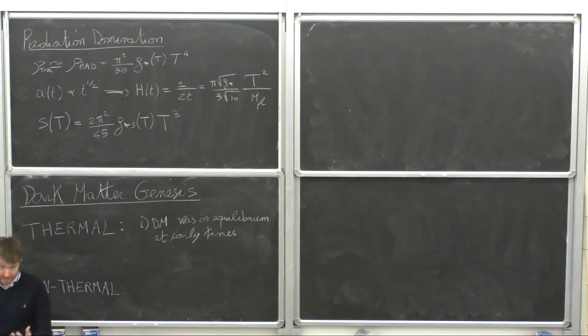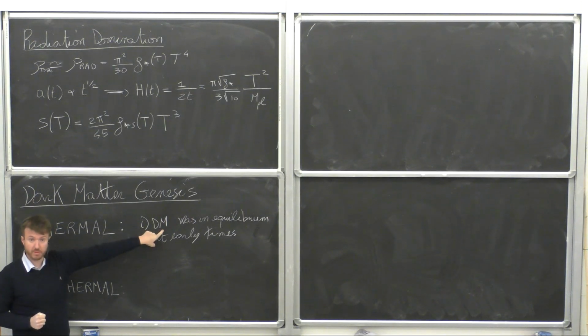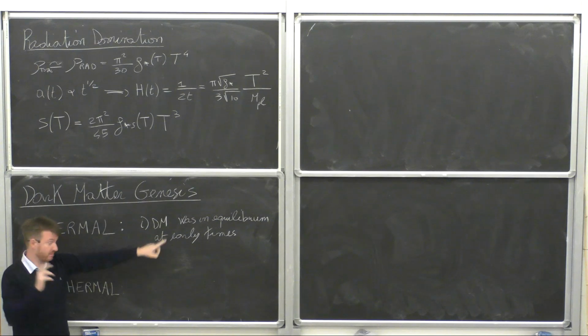So you have dark matter coupled to the standard model, to the bath. You go back enough in time, the universe was hotter and denser. Eventually, these interactions between the visible sector and the dark matter were able to make sure that this degree of freedom thermalizes with the bath. Okay, that's the first condition.